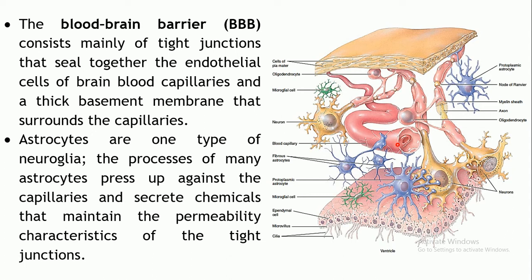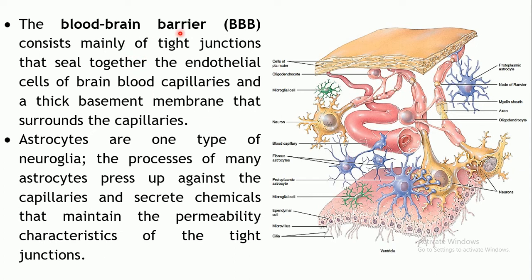Apart from these tight junctions, the processes of the astrocytes, which is one type of neuroglia, also press upon these capillaries, and they secrete certain chemicals which will prevent any substance from entering into the CNS.